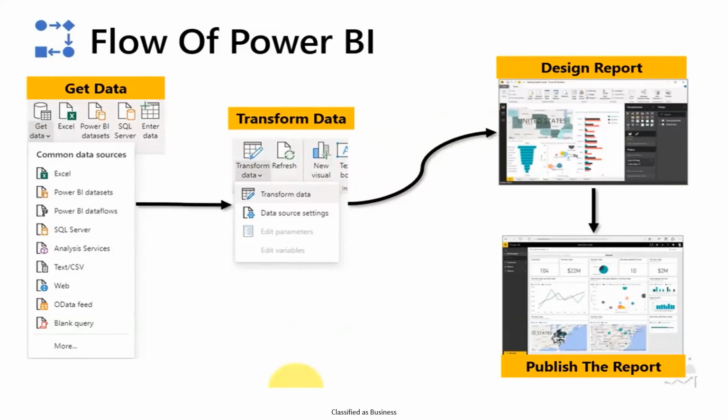Once data transformation or data cleansing is completed, next we can start designing the report. In the backend we have to perform many activities like data modeling, but at a glance, the flow of Power BI is: get the data, transform it, design the report, and publish this report somewhere. Where are we going to publish this report?